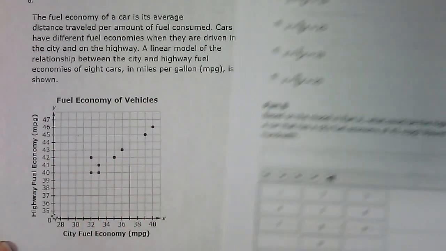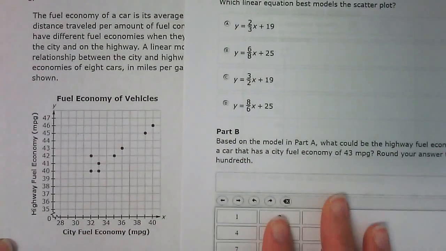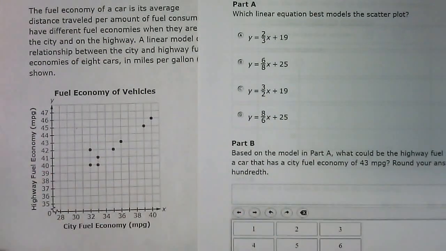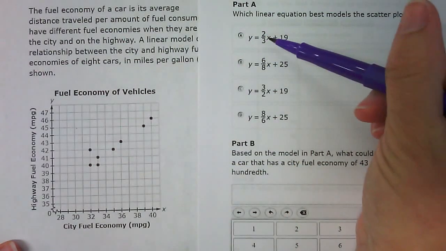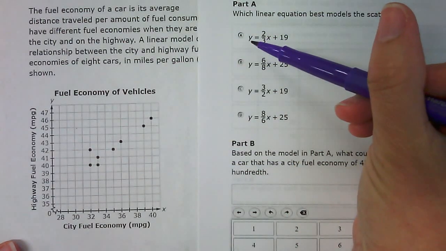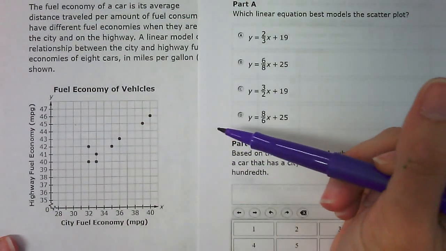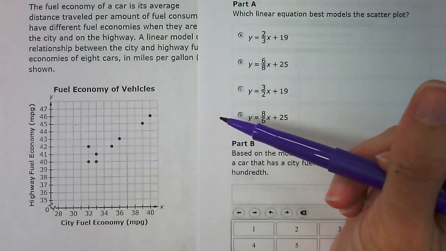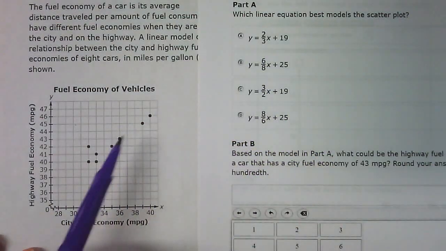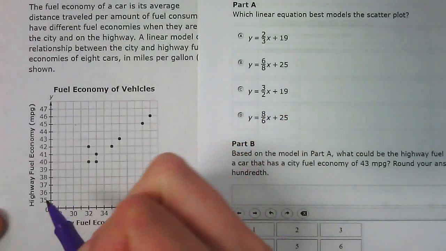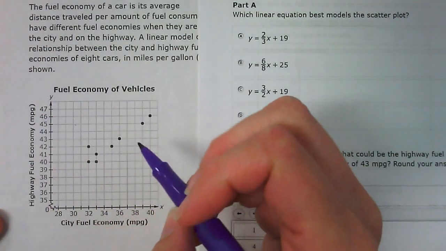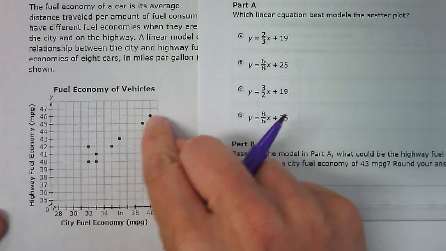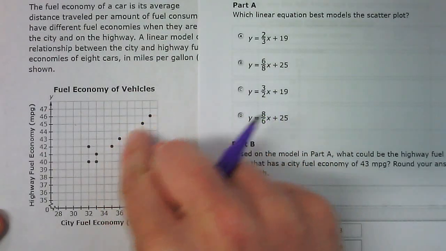So when we have multiple choice like this, one strategy you could use is to pick a point that's on your graph and plug in the values and see if we get an answer that's close to the y value. We know that for a line of best fit, the line should go through the majority of the points. Like if we look at these, they're pretty linear.